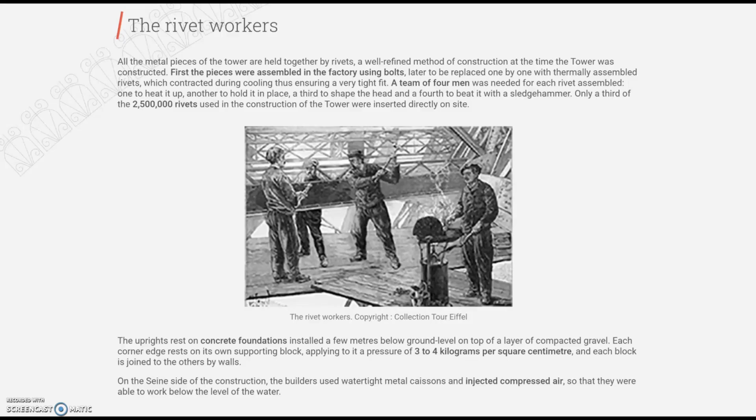Now the tower is constructed off-site in the factory into sections, which are then placed onto the tower as it's being put together and then re-riveted. These rivet workers are probably the heroes of the project, and it takes 4 men to actually do one rivet to hold it together.